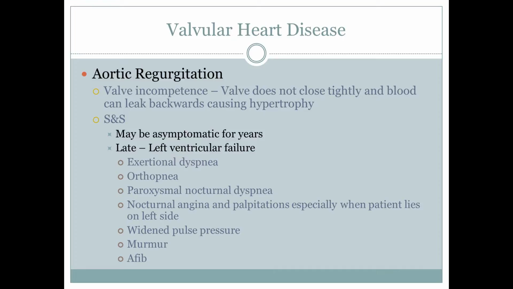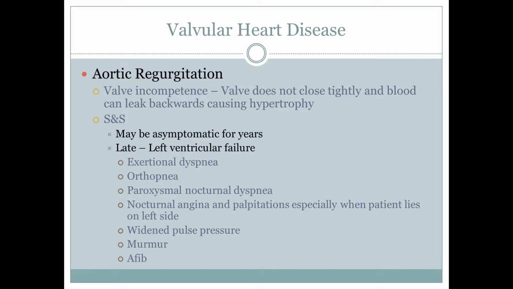But with aortic regurgitation, that's what happens. The valves are just loose. They're weak, and they will not close properly. It allows blood back up into the atrium, and it will cause a lot of problems.